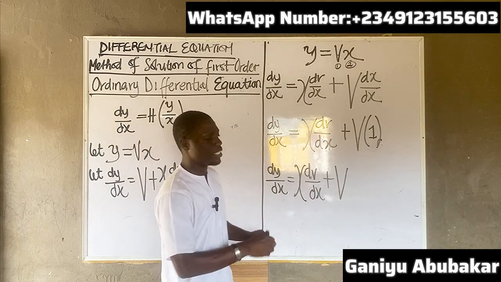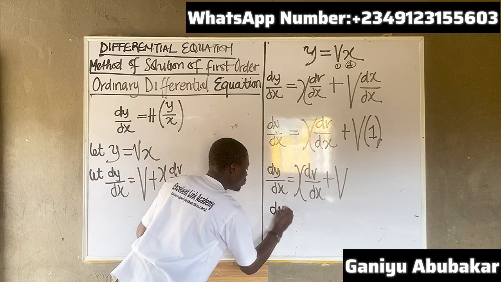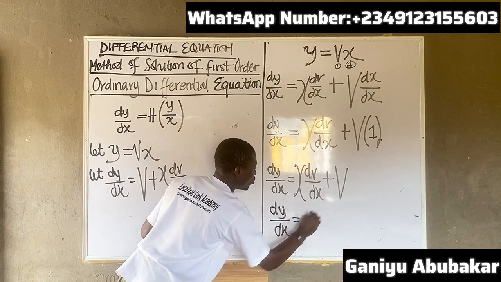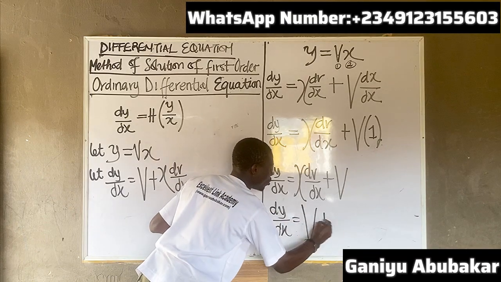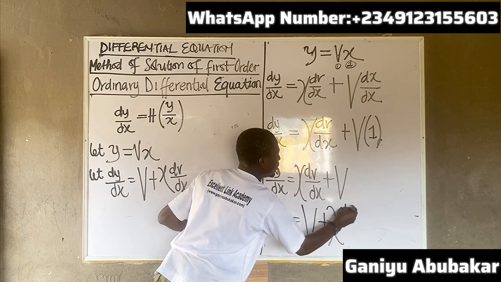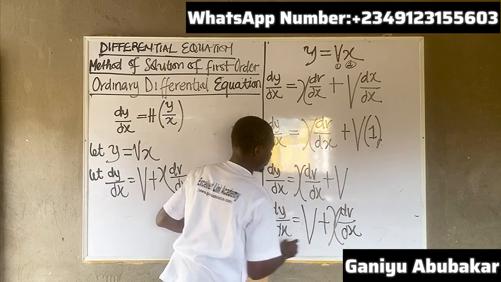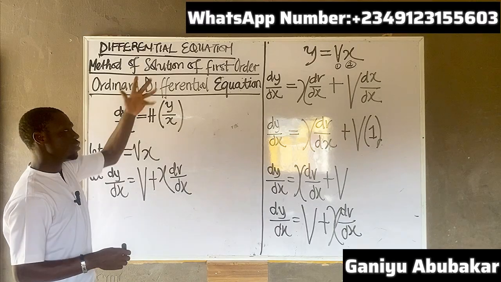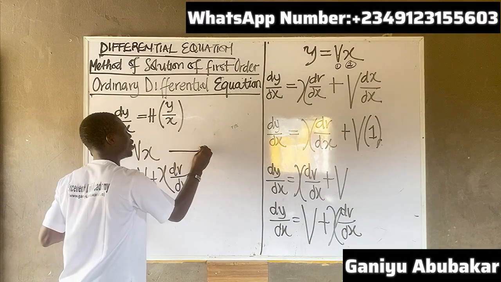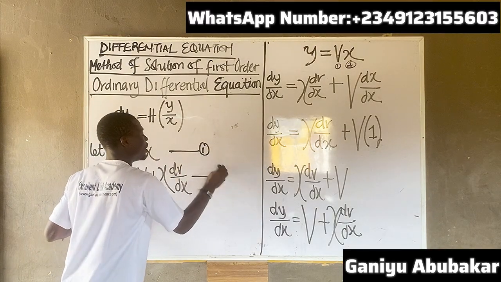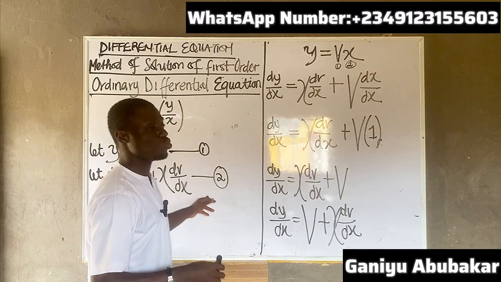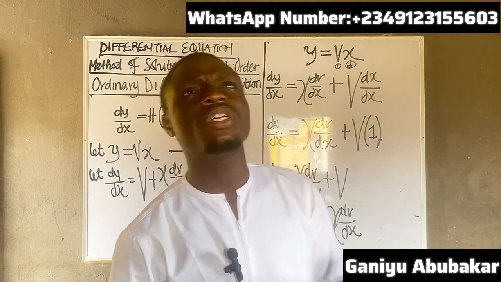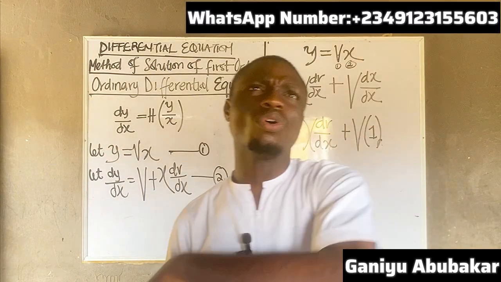This can be expressed in this form as saying dy over dx is now equal to v plus x dv/dx. This is how I got to this second substitution. So for this method, your first substitution is y equals vx, the second is this. You have to put these two into the given differential equation question.